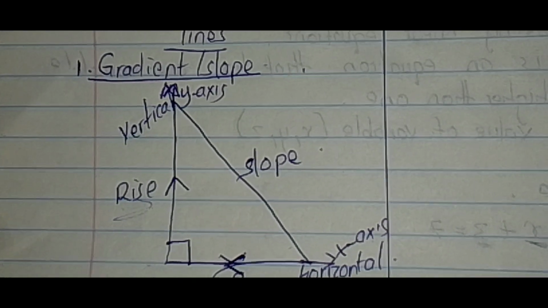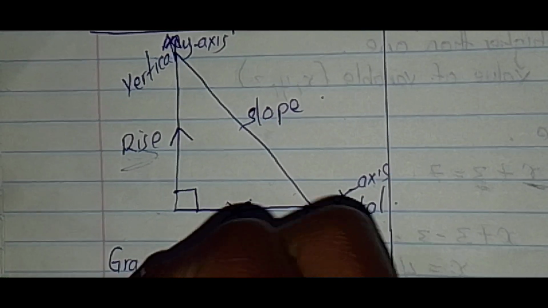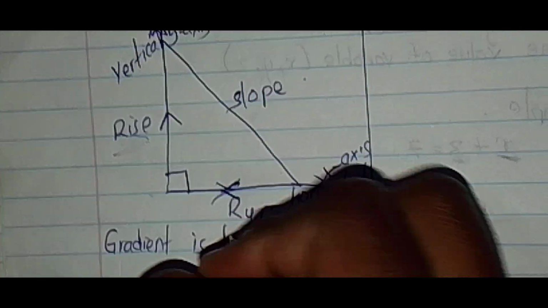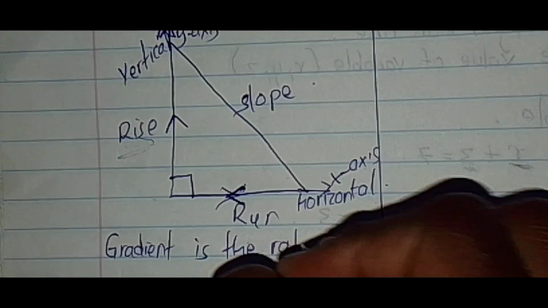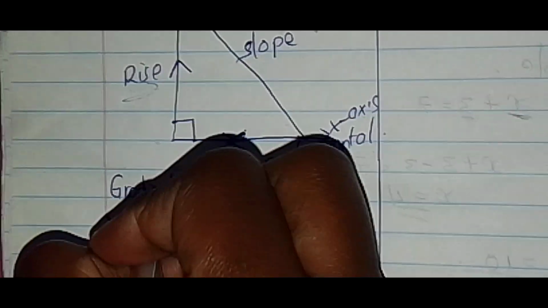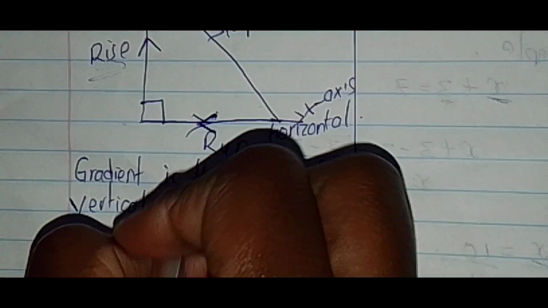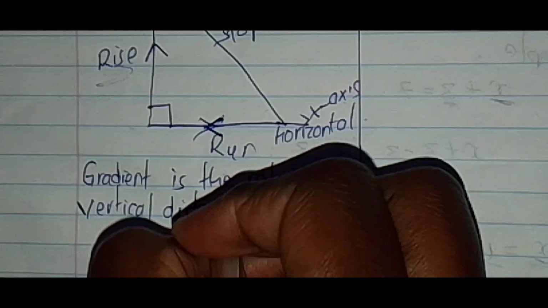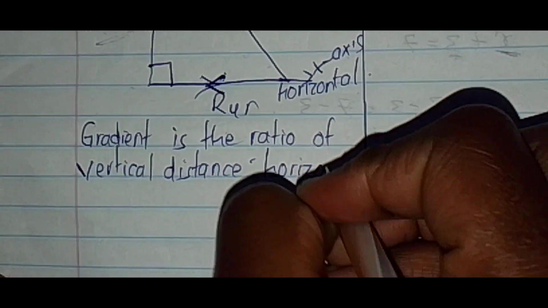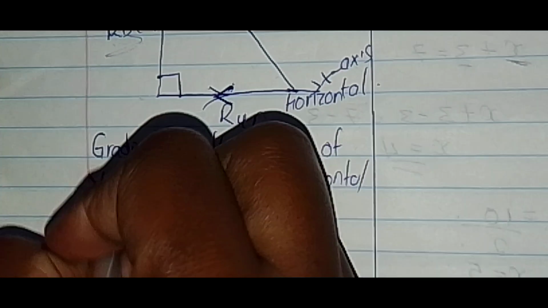So while finding the gradient or the slope, it is the ratio of vertical distance to horizontal distance.